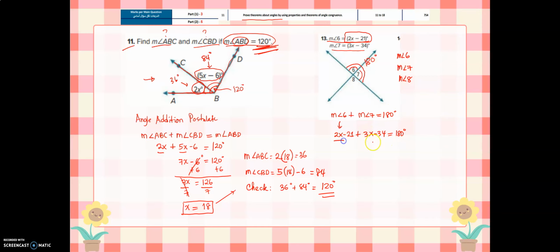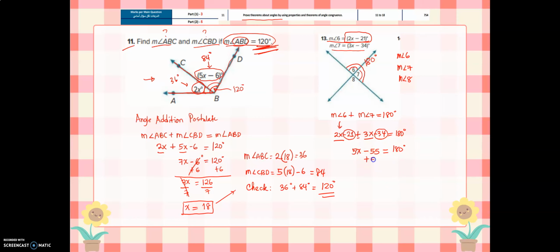Now we are going to again combine like terms. So 2x plus 3x is equal to 5x. And then we have here negative 21 plus negative 34. When we calculate that, we will get negative 55 as an answer. And still, this is equal to 180 degrees.